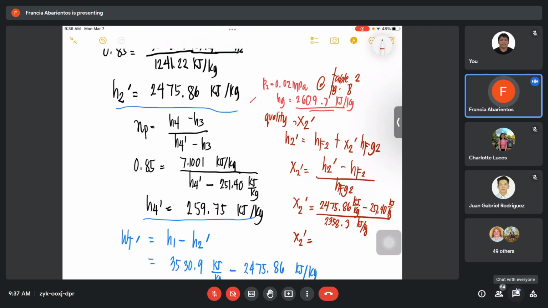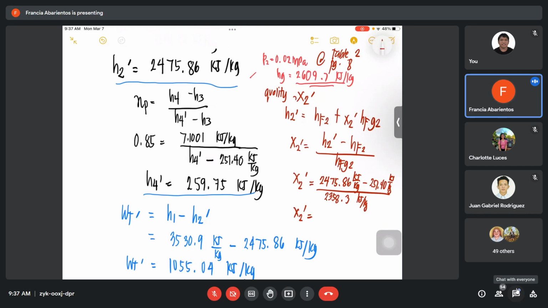What is now your answer? 2475.86 minus 251.4, divided by 2358.3. So, it falls again into the mixture. What is your answer at this state? What is the quality?